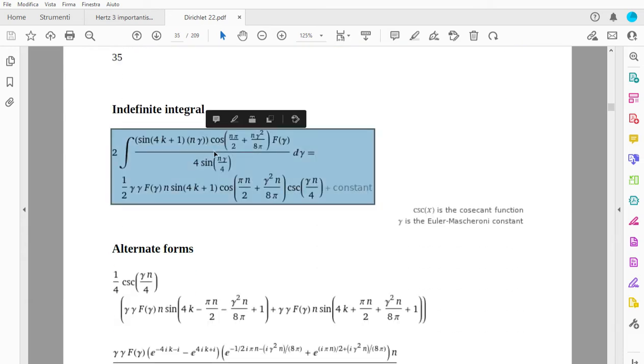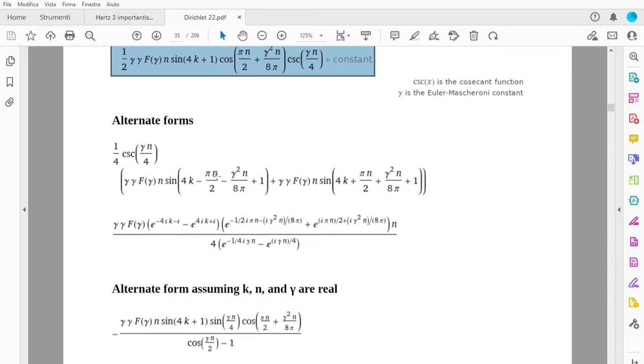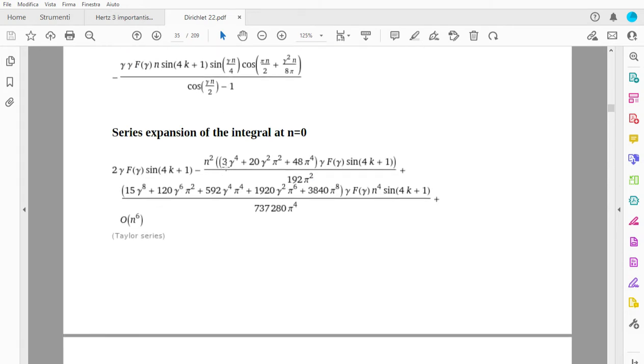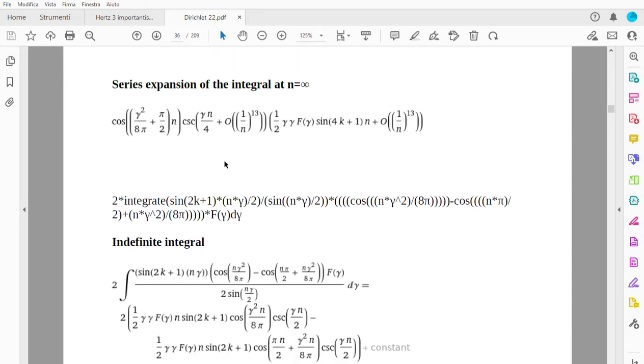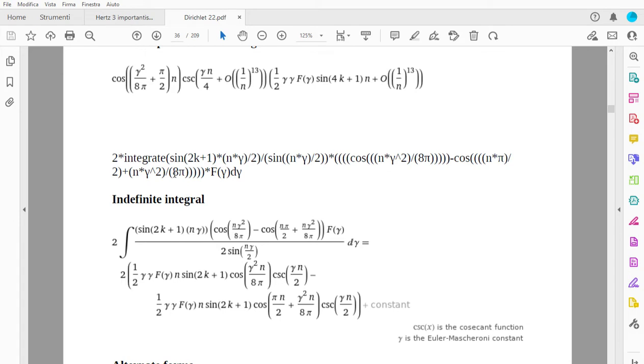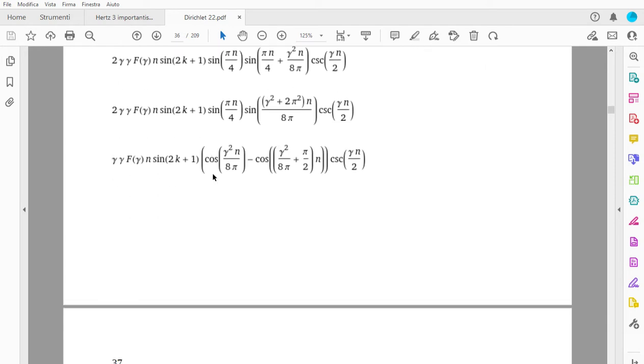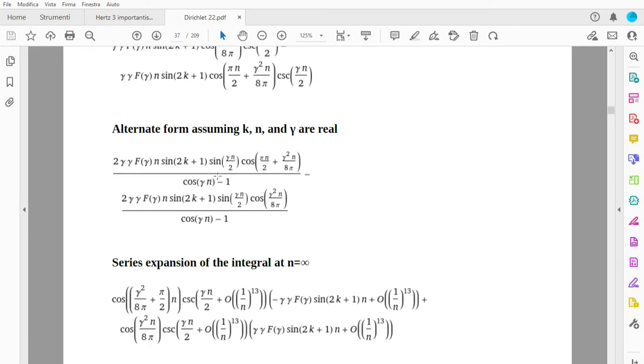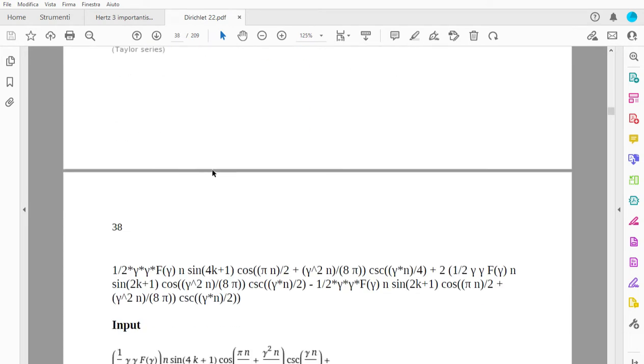This is the indefinite integral, alternate forms, and so on. This is the second integral. Also here the alternate forms, expanded forms, and so on.